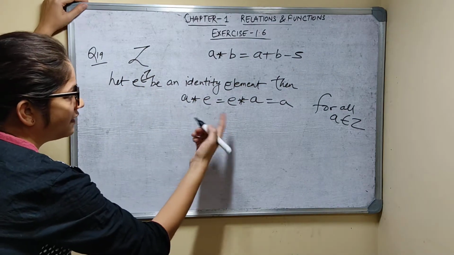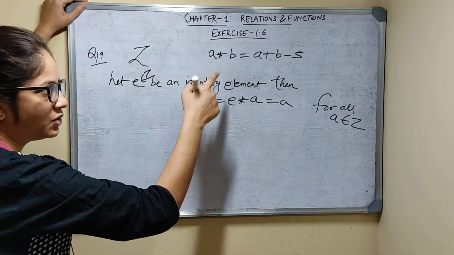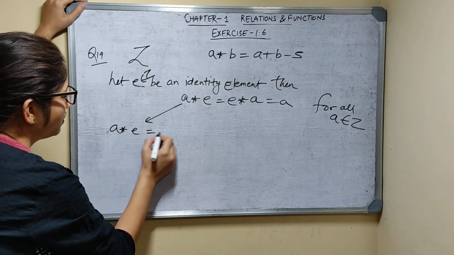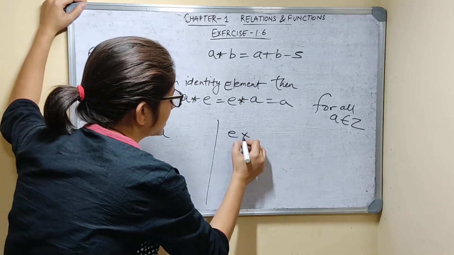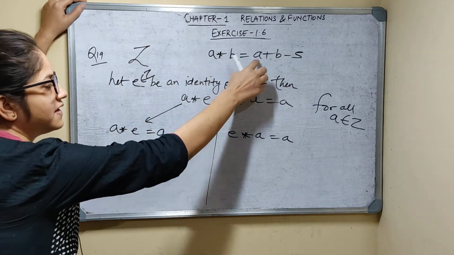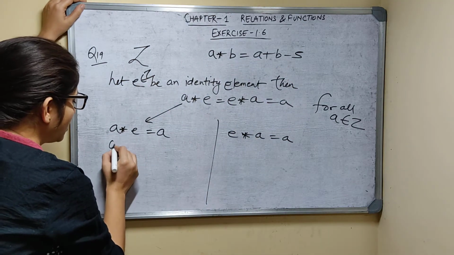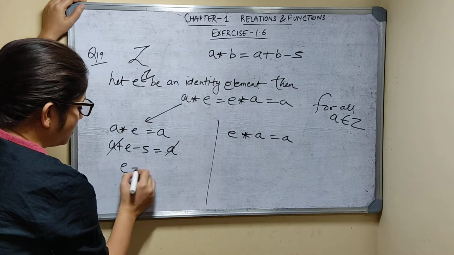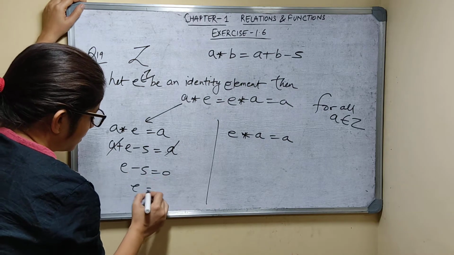So a * e is equal to a. So a * b is equal to a + b − 5. So I am solving this. a * e is equal to a, then I will solve e * a is equal to a. a * b is a + b − 5, so a * e will be what? a + e − 5 is equal to a. a cancels, so e − 5 is equal to 0. So e is equal to what? 5.